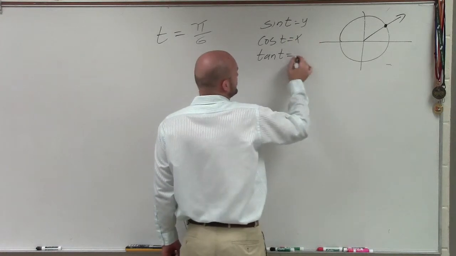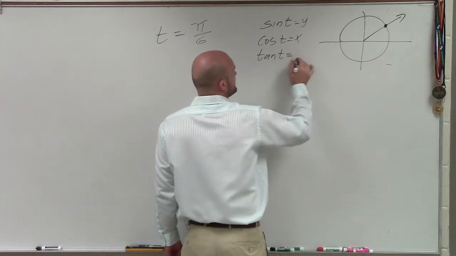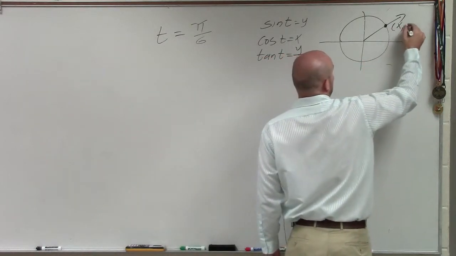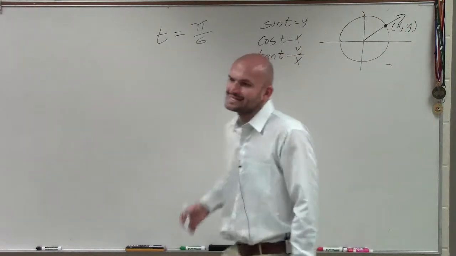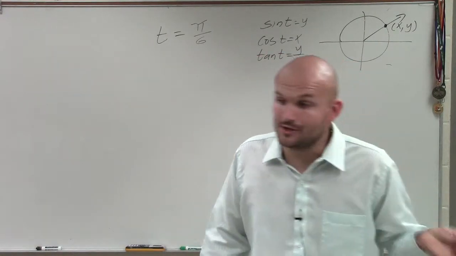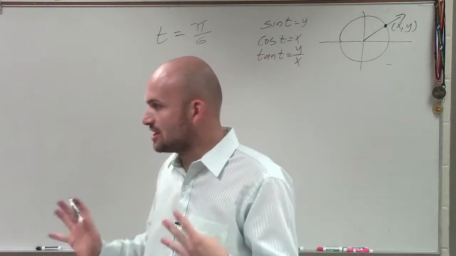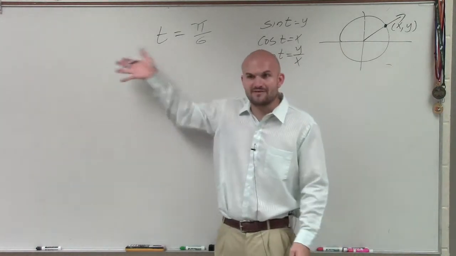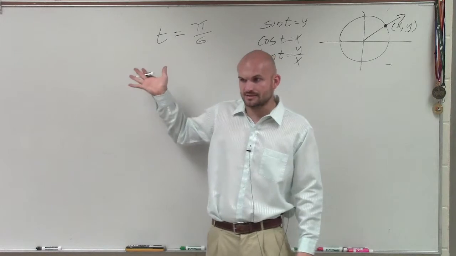The cosine of t represented the x coordinate. And the tangent of t represented y over x. Remember, this point on the unit circle had an x and a y coordinate. Now, there are infinitely many points on the unit circle, but we only talked about so many of them, really only 5 in that first quadrant.